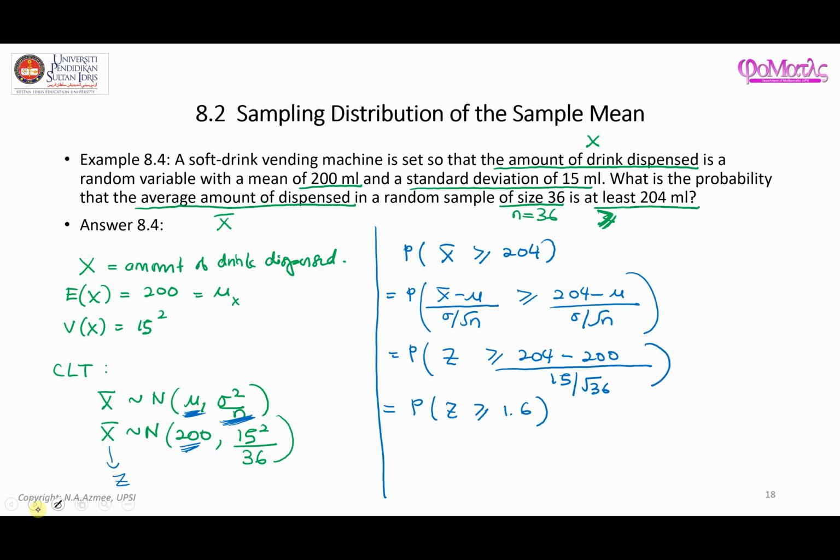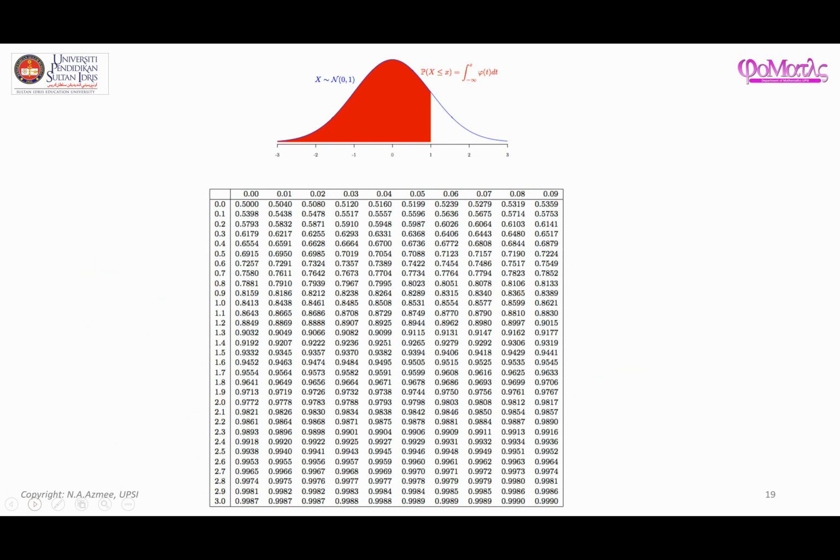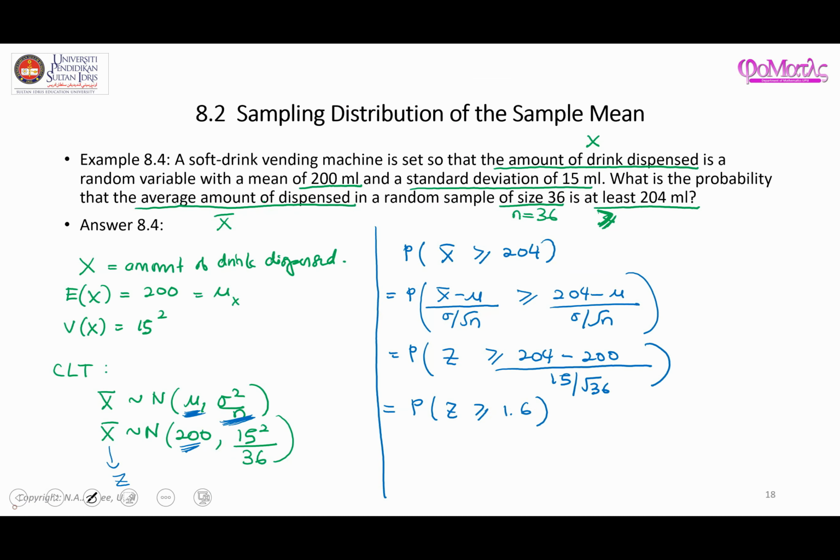We can use the standard normal distribution table. If I sketch the area that we are looking for, this is 0, and 1.6 is maybe somewhere here, and you want to find what this area is: z greater than or equal to 1.6.